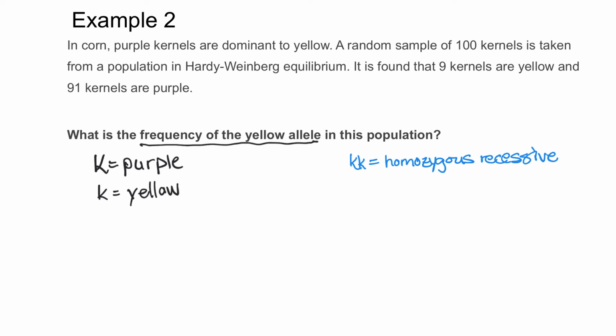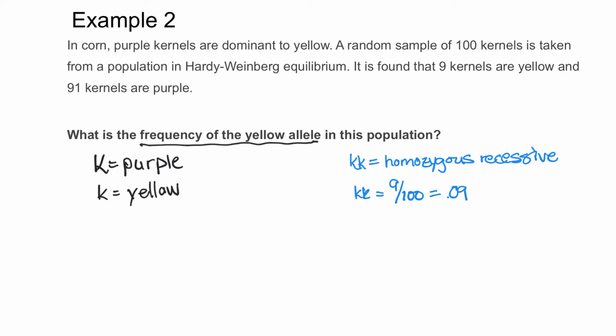Now we're going to do exactly the same thing as we did in the first problem. So we know that kk, or lowercase k, is equal to 9 out of 100, which is equal to 0.09, right?